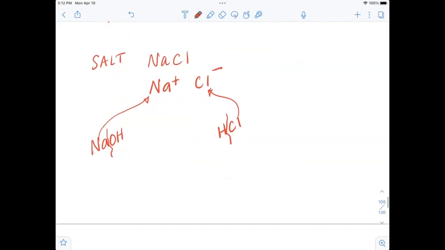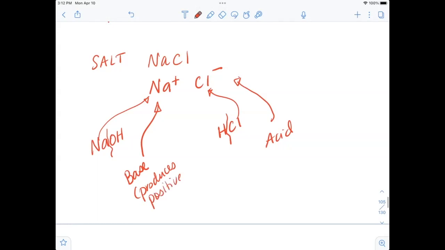Okay? So what we can say here in general, positive ions come from the base, negative ions come from the acid. So base produces positive ions in the salt, and then acids produce negative ions.